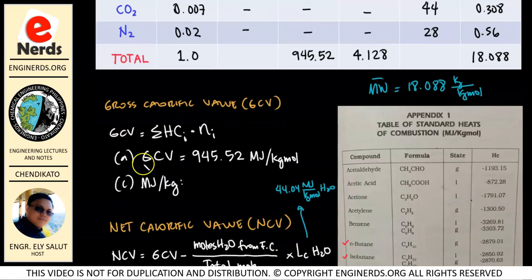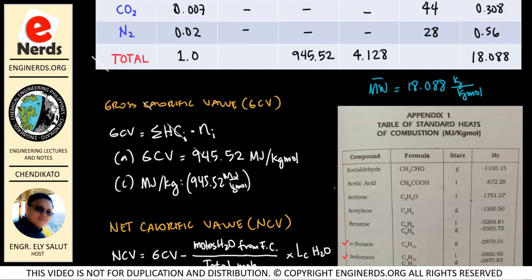Okay, so now we will apply that here. Kailangan natin makuha yung megajoule per kilogram. So, we have 945.52 megajoule per kilogram mole. Okay, so this is in megajoule per kilogram mole. Okay, so if it's okay to you, alisin ko na to, no? Kasi we need the space. Anyway, given naman na yan sa ating lecture kanina, no?